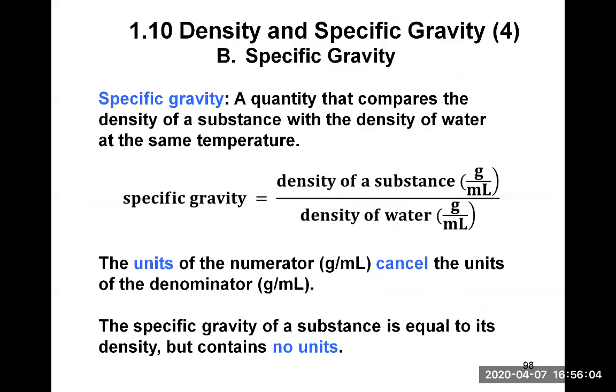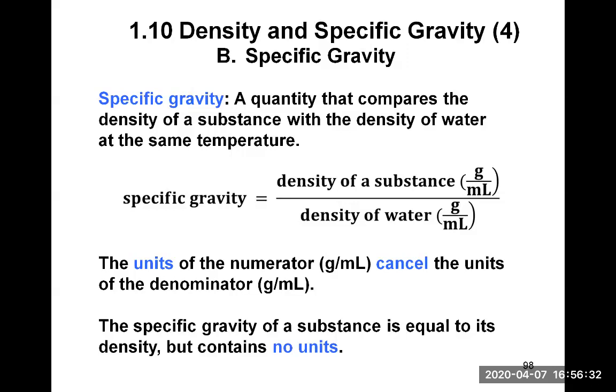So a final word now on specific gravity. Specific gravity is a quantity that compares the density of a substance with the density of water at the same temperature. Because a lot of liquids are compared to water, that allows you to know if they are more or less dense than water.